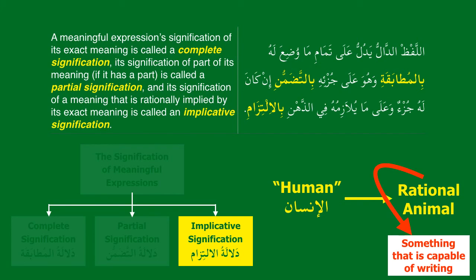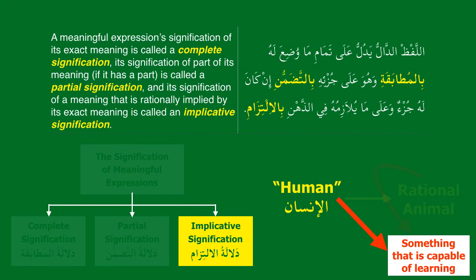And so the logicians say that the concept rational animal implies the concept something that is capable of learning or something that is capable of writing. And since it implies these two concepts and the expression human signifies the concept rational animal, we can also say that the expression human signifies the meaning of something that is capable of learning or something that is capable of writing. And this kind of signification is called an implicative signification.